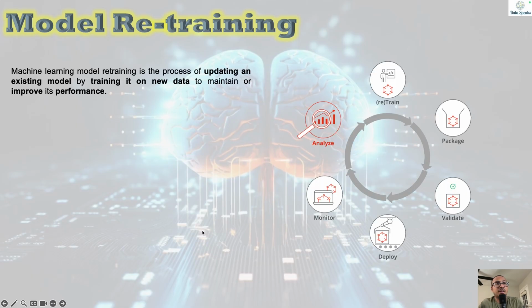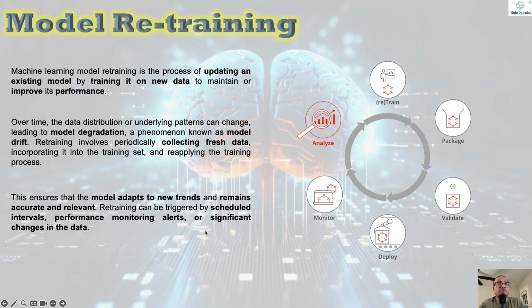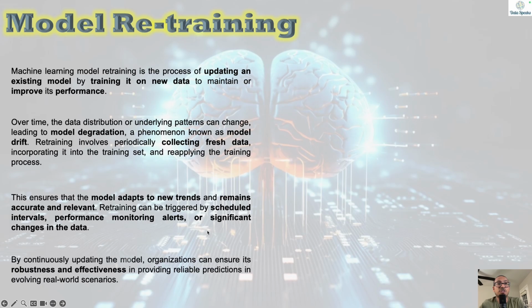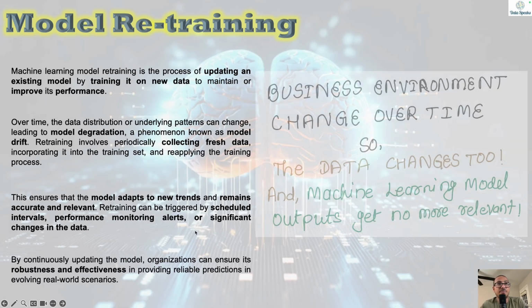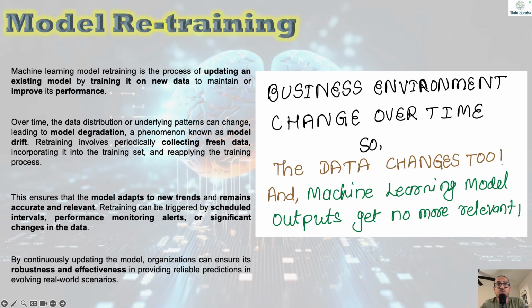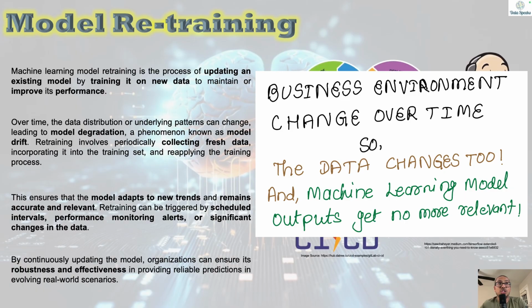Say you trained your machine learning model 6 months ago and deployed it into production. After 6 months, many business scenarios and situations change. Internal and external environments change, and the data also changes. Your model was trained on the data that was available 6 months ago, but now the current data is no longer valid or relevant to the current situation.